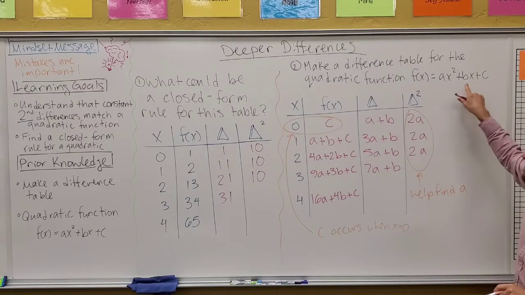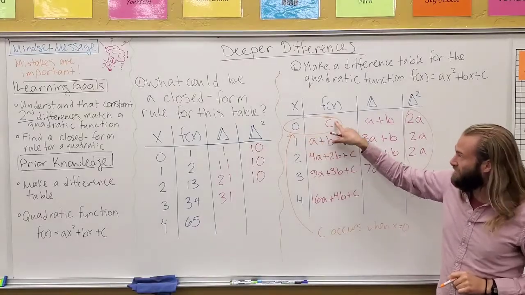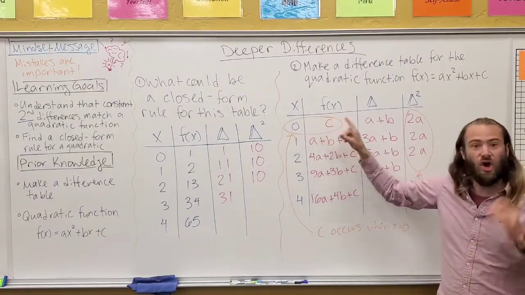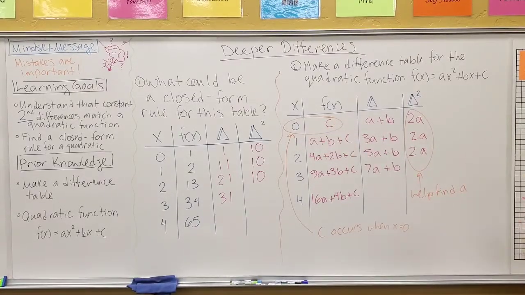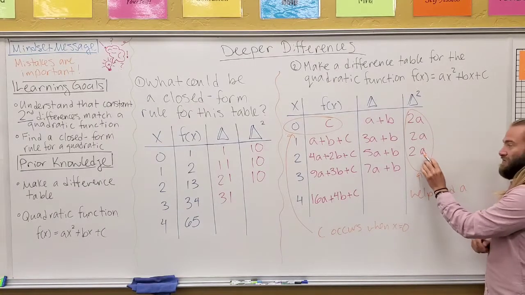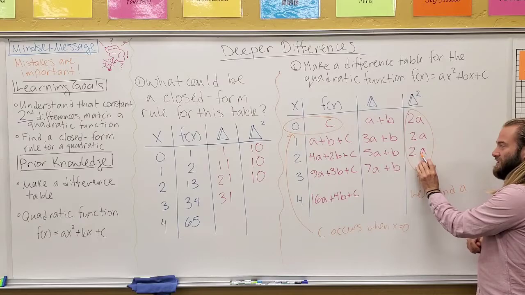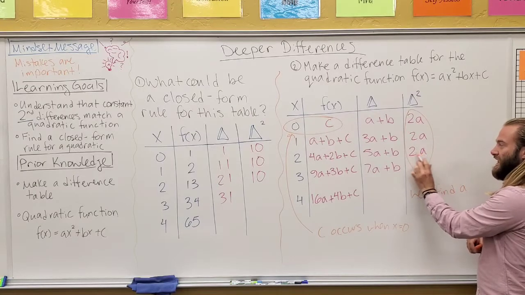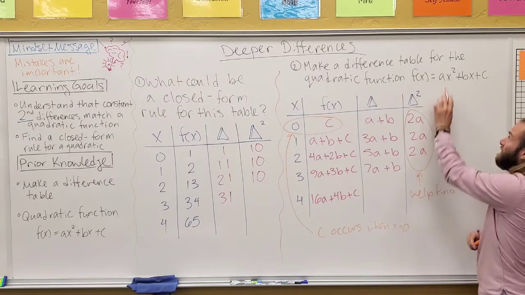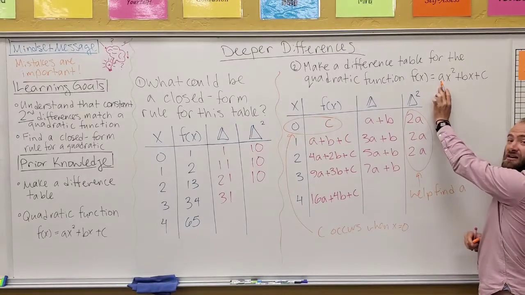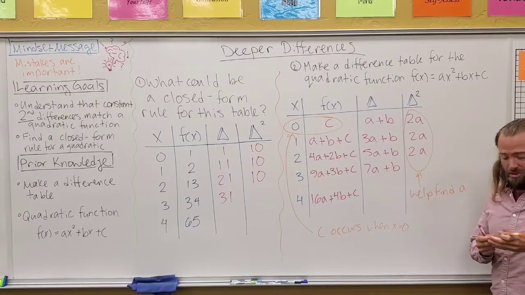So in your table, whatever that number is when x is 0 is always going to be your C value if you're trying to find the closed form rule. And whatever this number is, the cool thing is you can just take half of it to figure out what goes there. And the only thing left is to figure out what the B is.